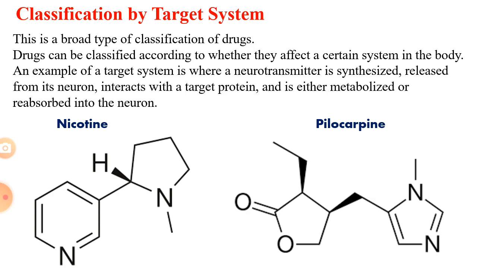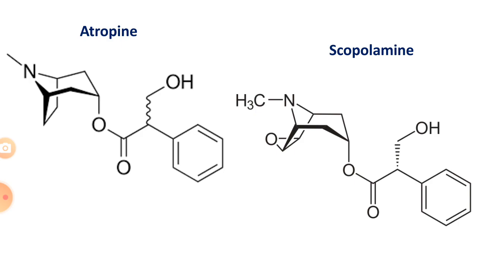In this figure diagram, we can see atropine and scopolamine. The classification of these two drugs also takes place according to their target system.